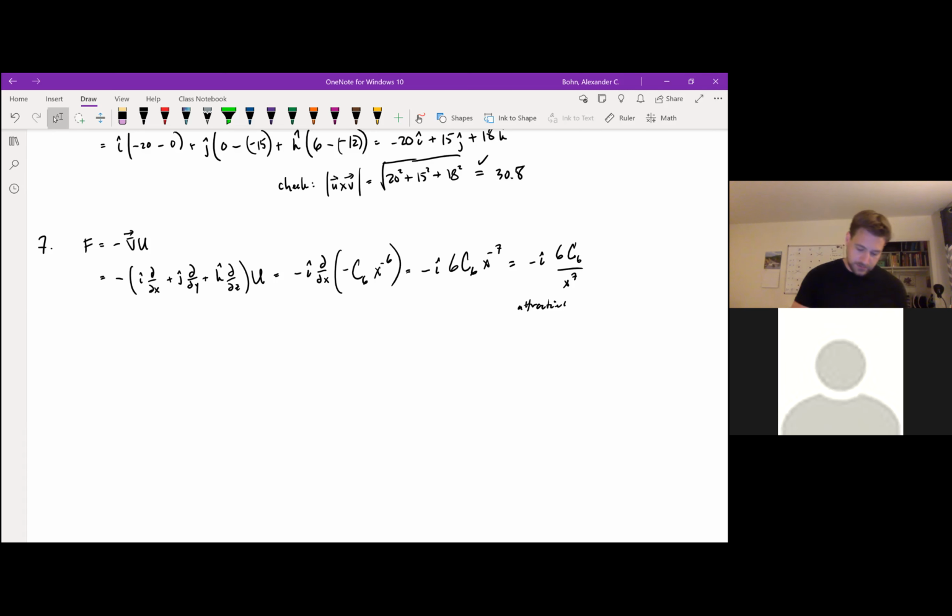Same story with number 8, or at least a similar story. A small block with a mass, the net force is described by the potential energy function. What are the magnitude and direction of the acceleration? Okay, cool. So if we know the net force, because we have the mass, we can find the acceleration. And we can find the force by doing what we just did with the gradient operator.